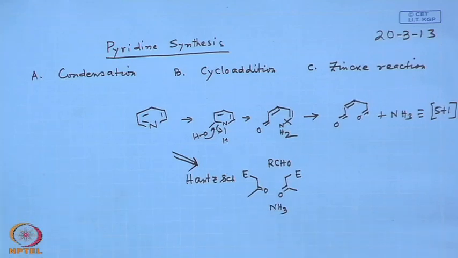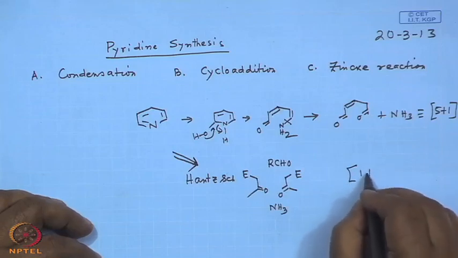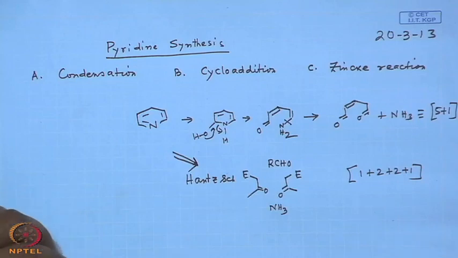So, it is basically a 4-component reaction, the Hantzsch synthesis. You can classify this as a 1 plus 2 plus 2 plus 1 system.